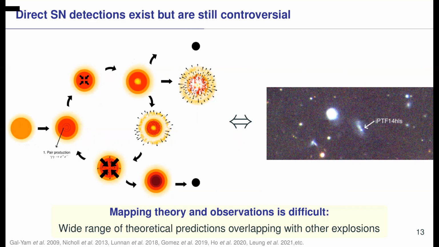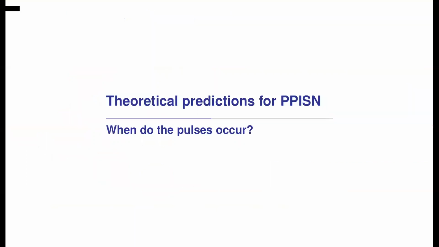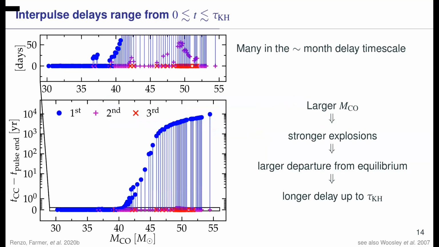Just to give you a flavor for the range of predictions and the trends that we get out of our models, I want to show you a few features. In particular, the first one is the timing of the pulses. This plot shows the delay time between the pulses and the final core collapse as a function of the carbon-oxygen core mass.